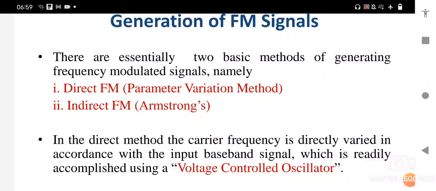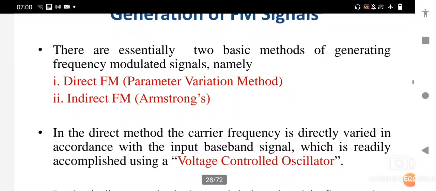That carrier frequency is directly changed according to the input baseband signal we give. This is readily accomplished using a voltage controlled oscillator. In this process, the carrier frequency is varied by using the voltage controlled oscillator circuit.